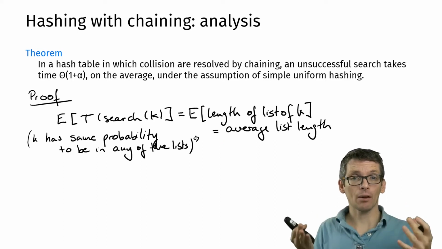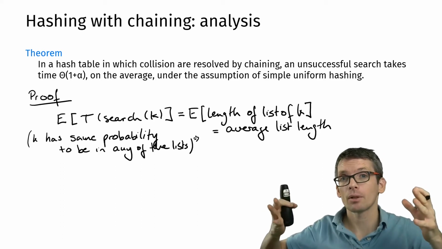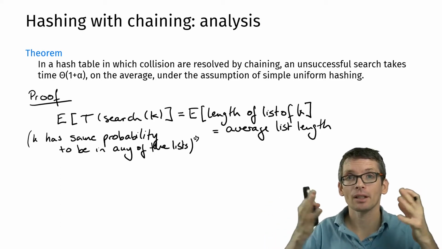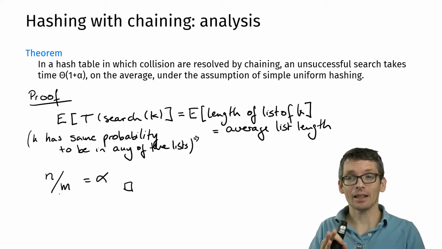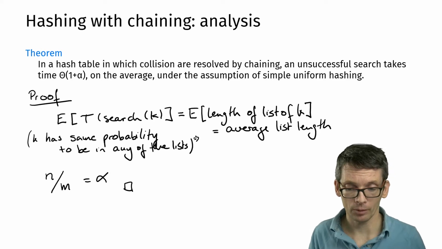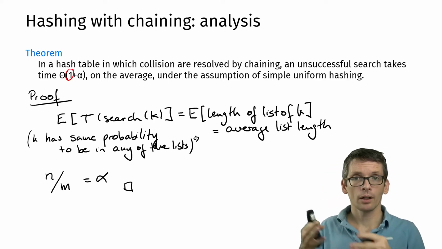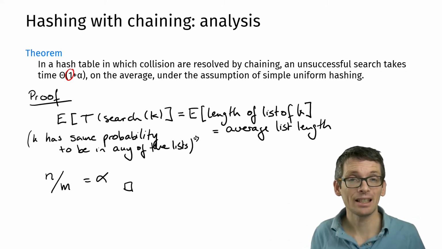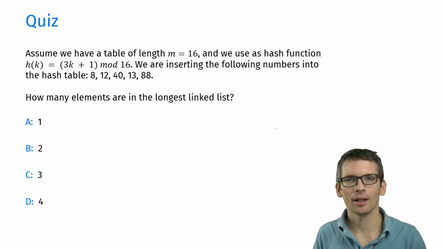So what is the average length of a list? For that, I simply have to count all elements together and divide by the number of cells. So that is N divided by M, but that exactly is alpha, or load factor. And that proves the theorem. Again, I didn't mention the 1 here, but the 1 is simply that searching will at least take constant time.